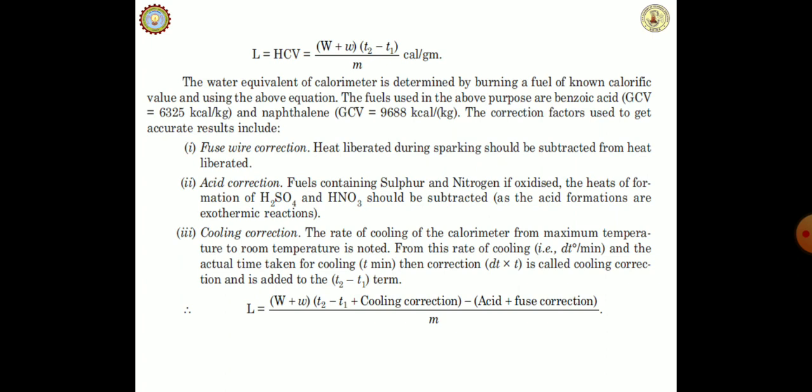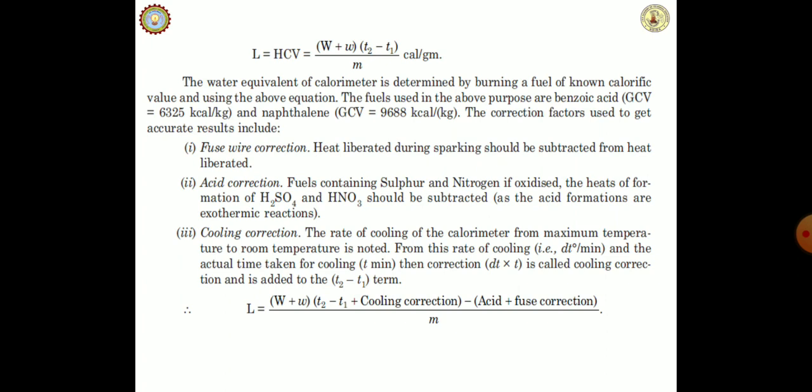This same amount of heat liberated by the formation of acid should be subtracted from the higher calorific value, so this acid correction is also required. Next, the third one is cooling correction. The rate of cooling of the calorimeter from the maximum temperature to room temperature is noticed.